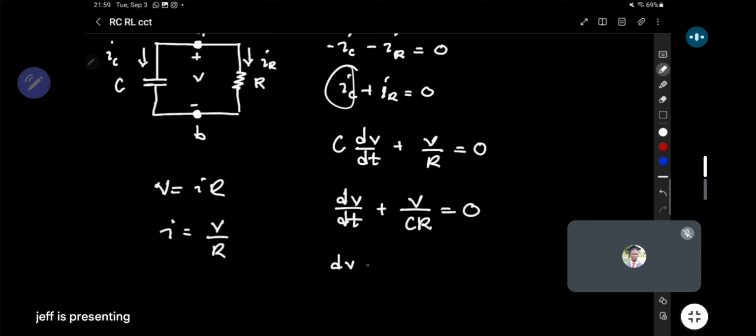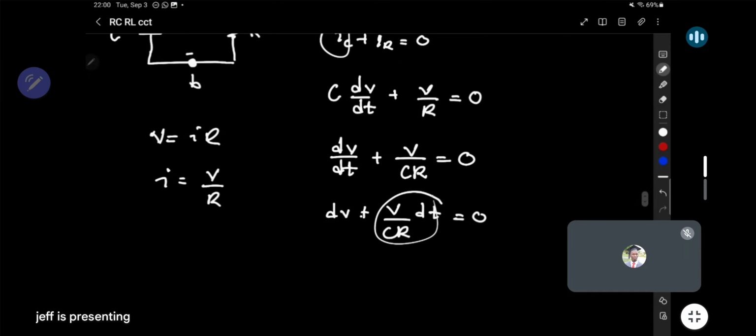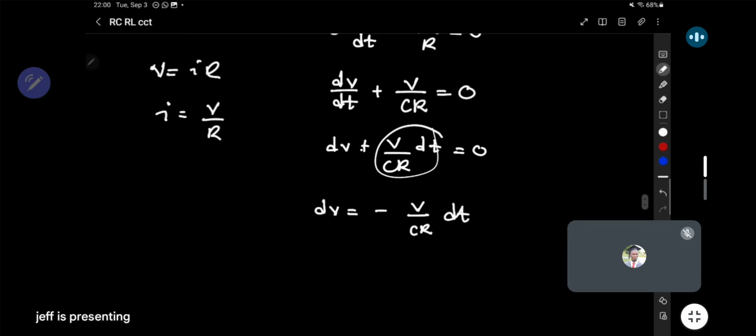You have dV plus V dt over CR equals 0. I'll take this to the right side, and it becomes negative. Then I'll bring the V to the left side, so that I have dV over V equals negative 1 over CR.